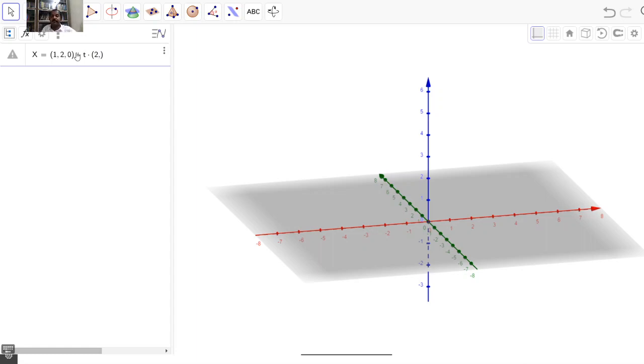Sorry, we have to define these vectors first, otherwise it will not work in this way.